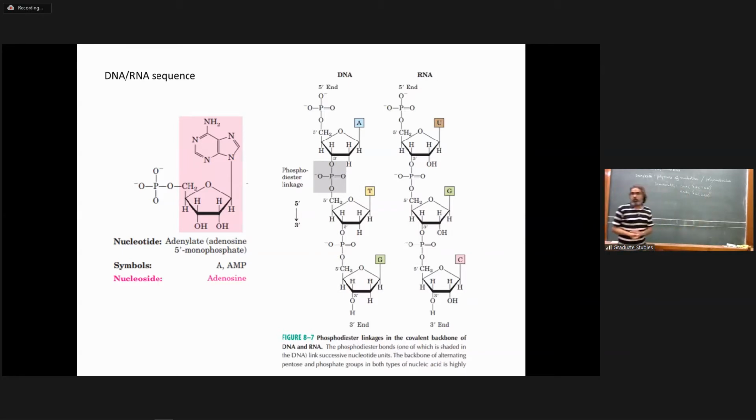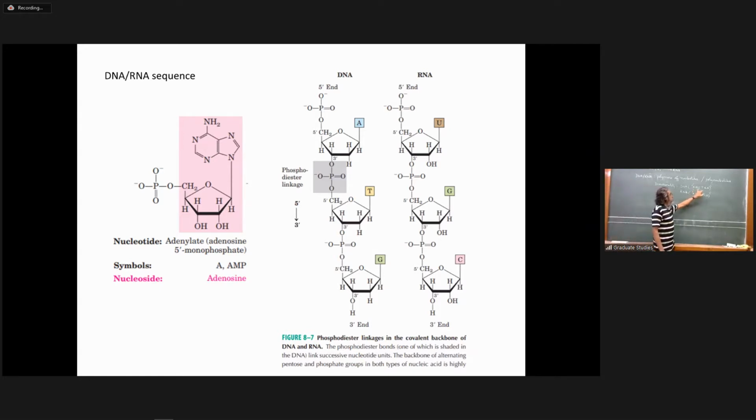Why is it 5 prime? On the sugar, the first phosphate is attached to the 5 prime carbon, so that's the beginning. Then the second nucleotide is attached at 3 prime, and to this 3 prime the next nucleotide's 5 prime is attached. That's why it's called 5 prime to 3 prime.